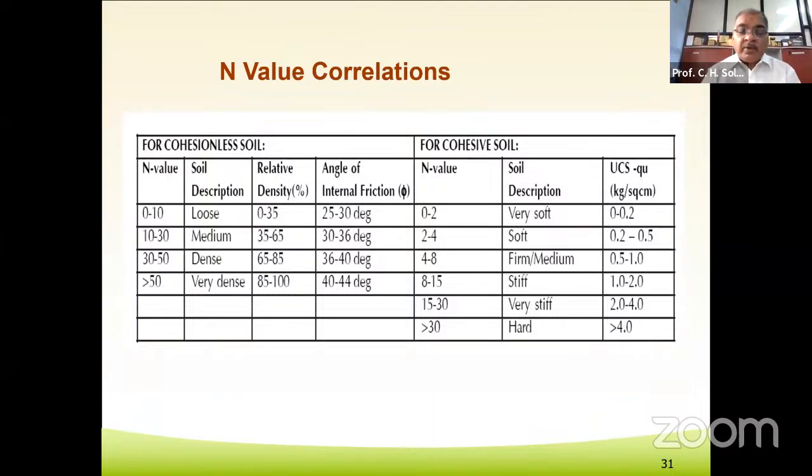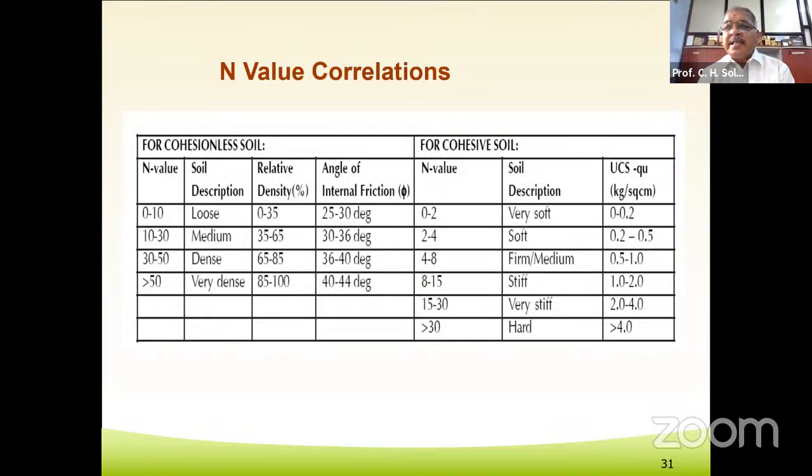First, we discuss the cohesionless soil and the interpretation of the N value for it. In this table, the cohesionless soil has been classified into 4 soils: loose sand, medium sand, dense sand, and very dense sand. Based on the N value, the relative density of the soil has been presented.